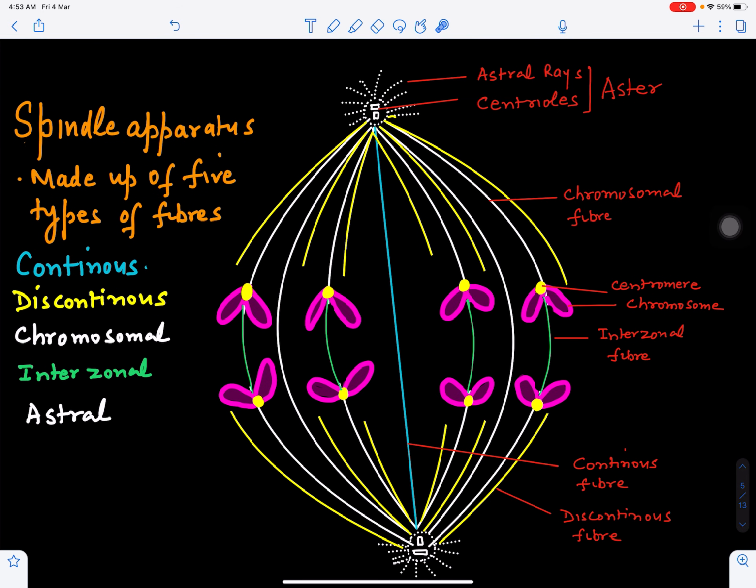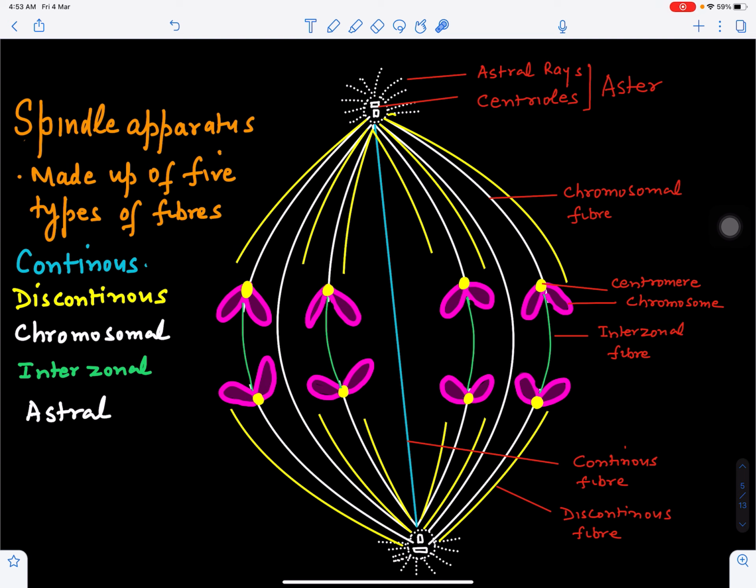Here we can see the spindle apparatus, which has almost 5 types of fibers. This is one pole of the spindle apparatus and this is the other pole. One fiber remains continuous from pole to pole, so this is the continuous fiber of the spindle apparatus. Here I have shown different colors.